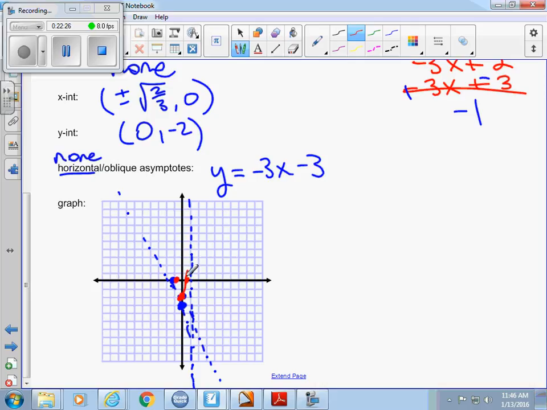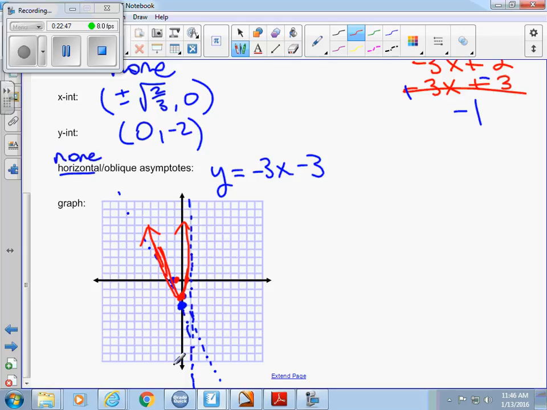So I think I know what this piece looks like. Do we agree? Follow that asymptote. So we've got kind of a sideways U shape. That outside, though, is going to follow that slant asymptote all the way out.